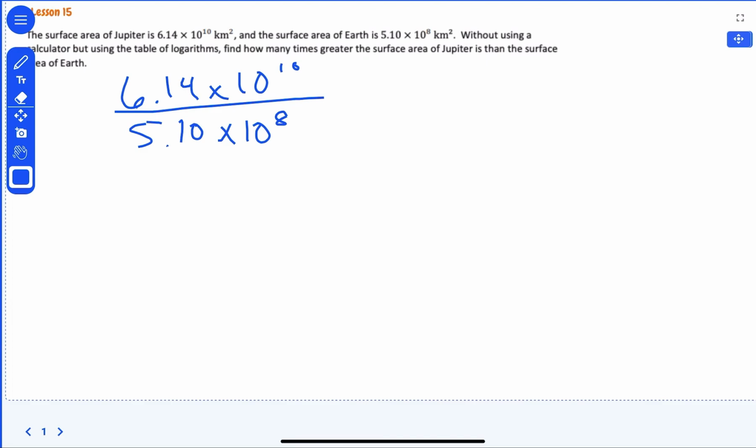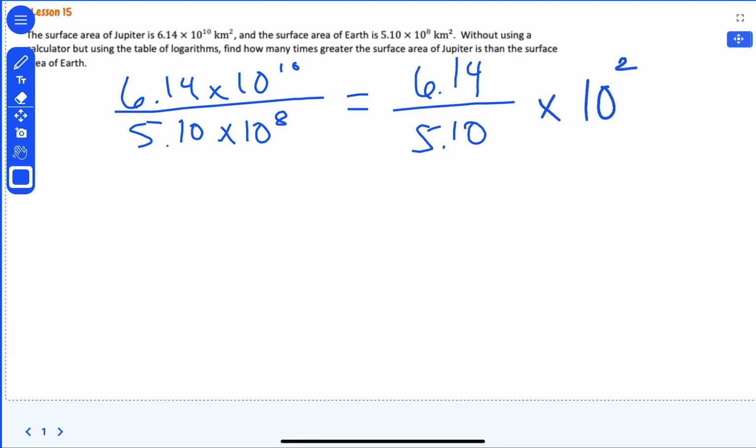Okay. Now, if we did that, remember, when the exponent is in the denominator, it's a negative, right? So we could leave this as 6.14 over 5.10 times 10 squared. 10 minus 8 is 2, right?